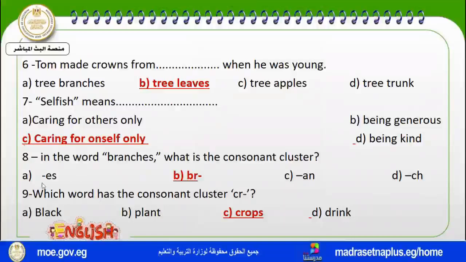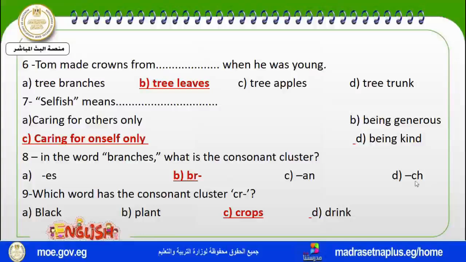Is it ES, BR, AN, or CH? Is ES a consonant? No. It's a vowel and a consonant. E is a vowel. Do you remember the five vowels? A, E, I, O, U. So E is a vowel plus consonant. And the same for AN, vowel plus consonant.